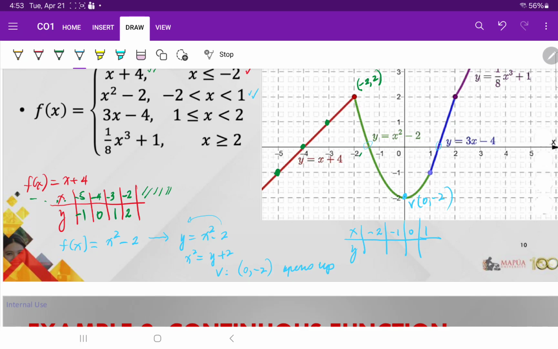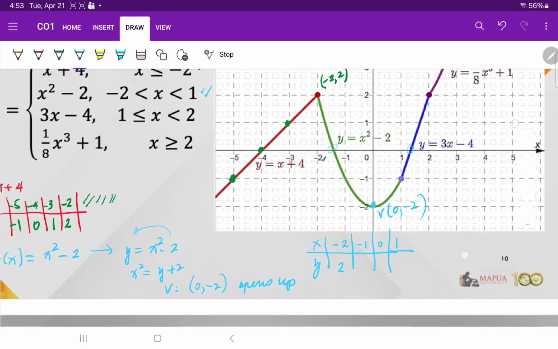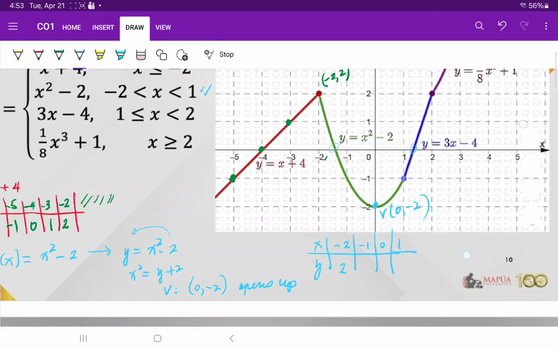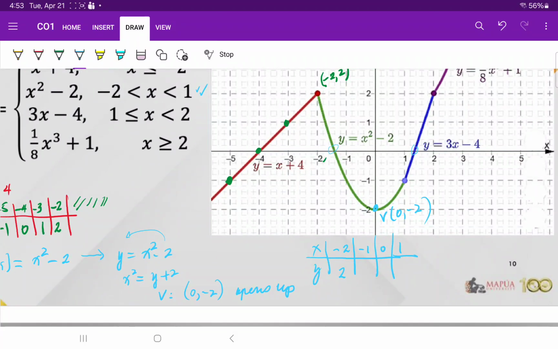Okay. When x is -2, what is your y? You have 2, right? And that's this one, 0, -2. Now, when x is -1, what is your y? When x is -1, -1 squared minus 2. So, it's 1 minus 2.